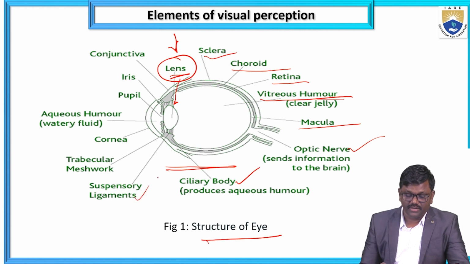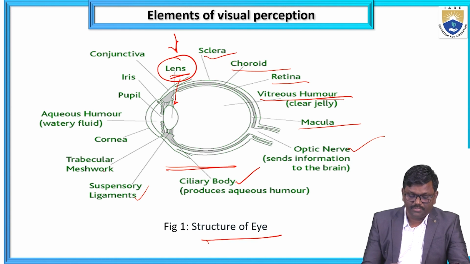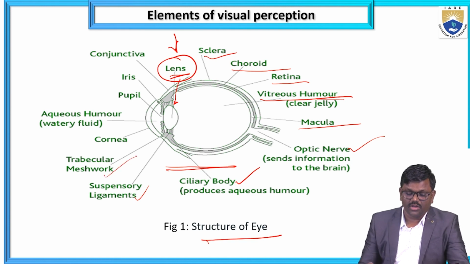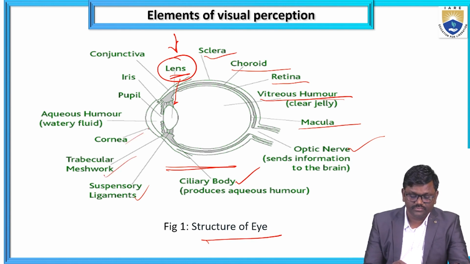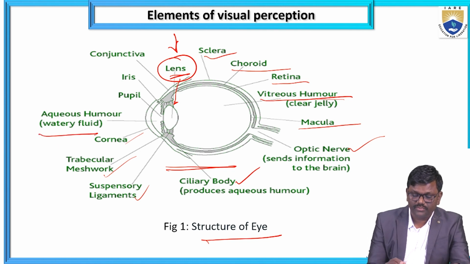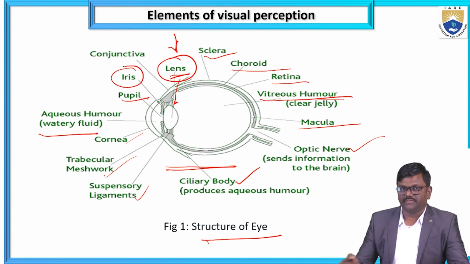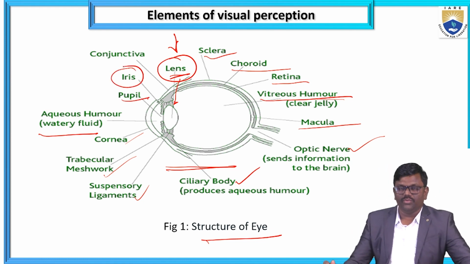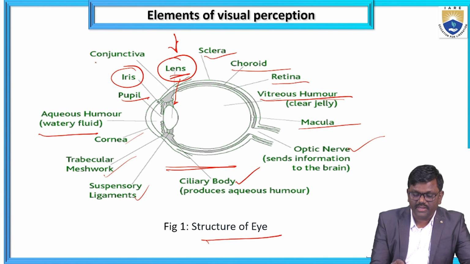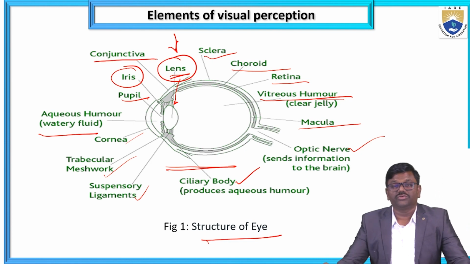Next, ciliary body. Next, suspensory ligaments. Next, trabecular meshwork. Next, cornea. Next, aqueous humor, that is watery fluid. Next, pupil and iris. And also we want to consider the conjunctiva here.